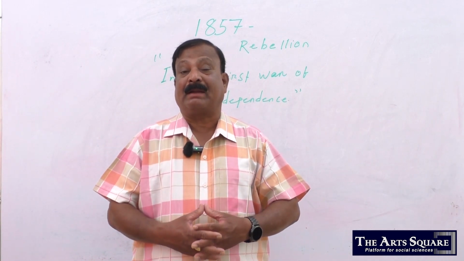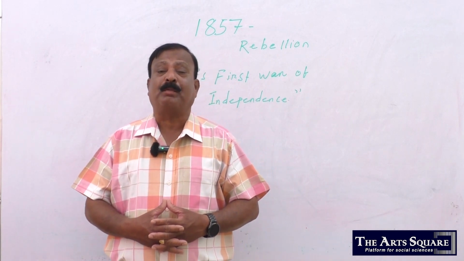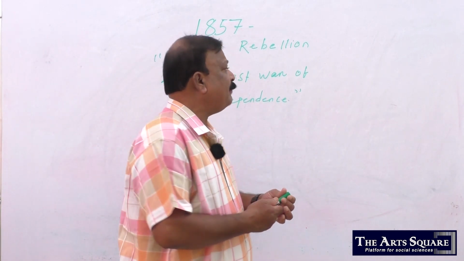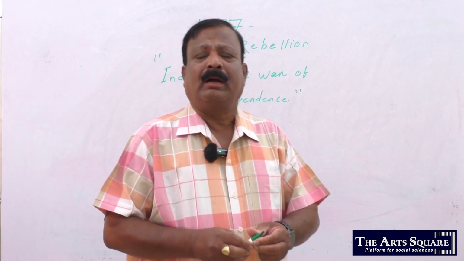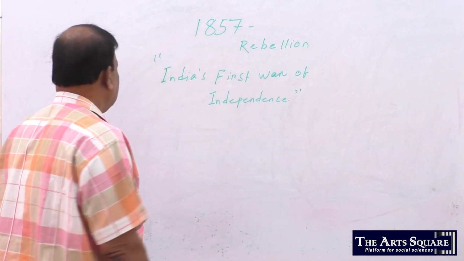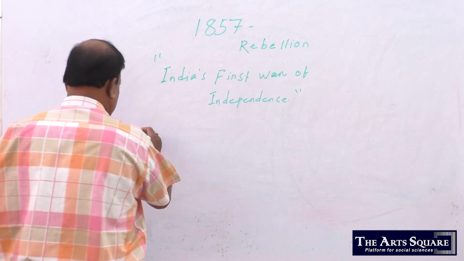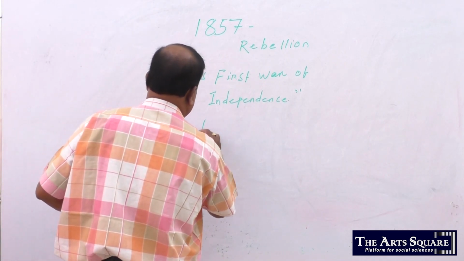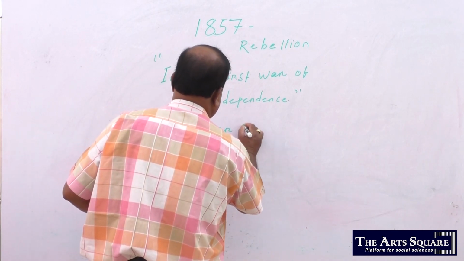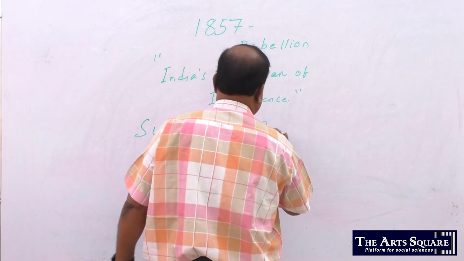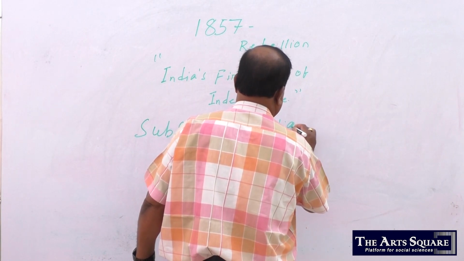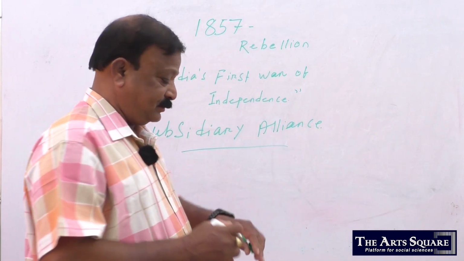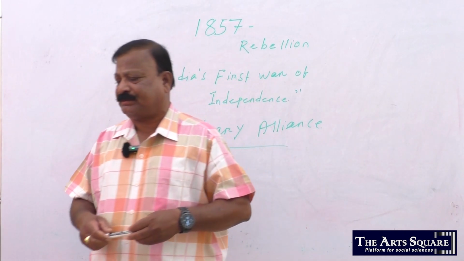His policy is a very tremendous policy, the most important policy, and you may already know this, that it is called the subsidiary alliance. This is a policy. Subsidiary alliance. What is subsidiary alliance?